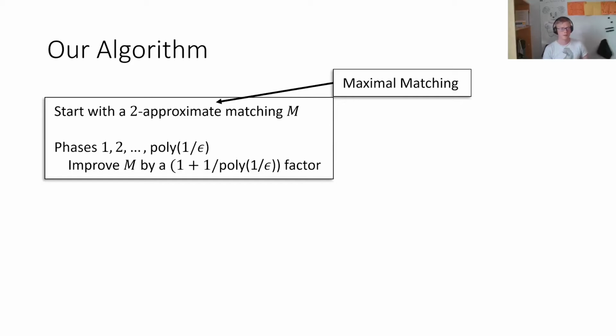And then for some polynomial amount of phases, we try to improve the matching by some 1+1/poly factor. If you look at the numbers I inserted here, if we can do this improvement and we repeat it poly 1/epsilon times, then we can make the approximation factor small. So basically our task is to implement the line in red.